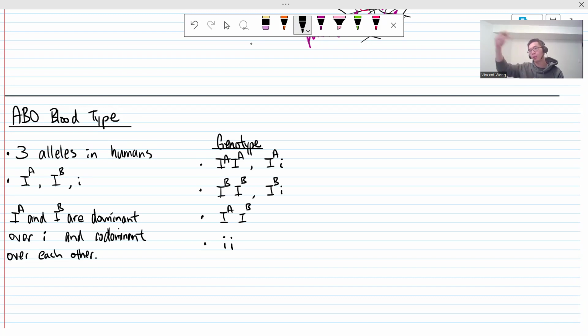That means IA will cover up the little i, but when you have both IA and IB, they will both show up. Okay. So if the genotype is IA IA or IA little i, then the phenotype is type A blood.